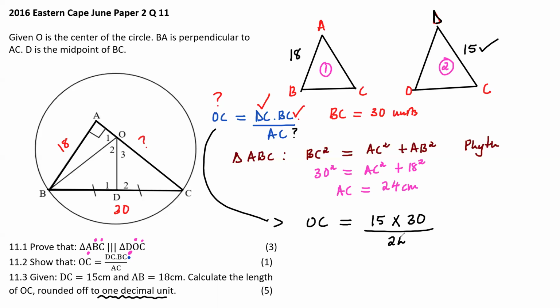They say it's to 1 decimal place. Maths in the house, right here, right now. 18,8 centimeters. Right there.